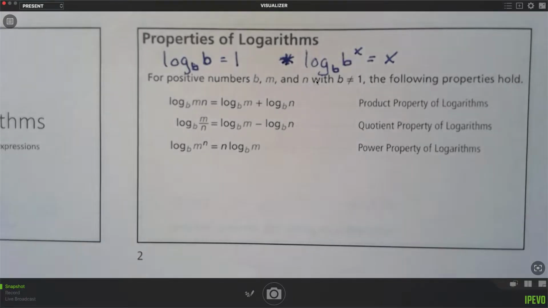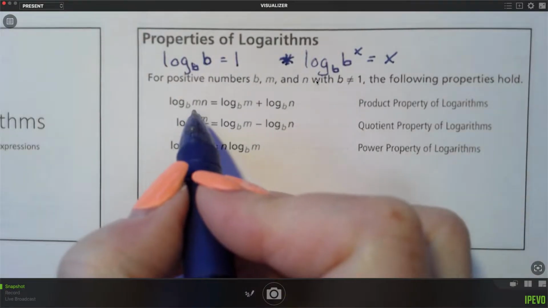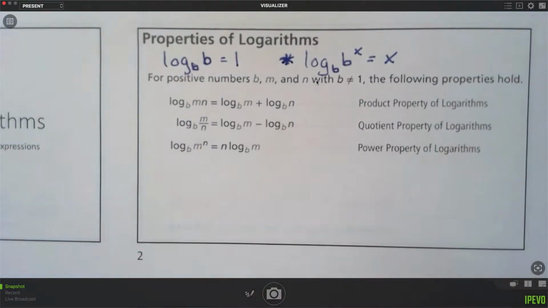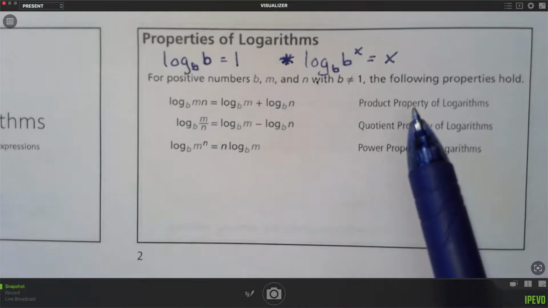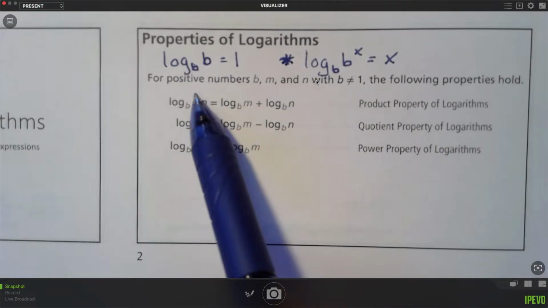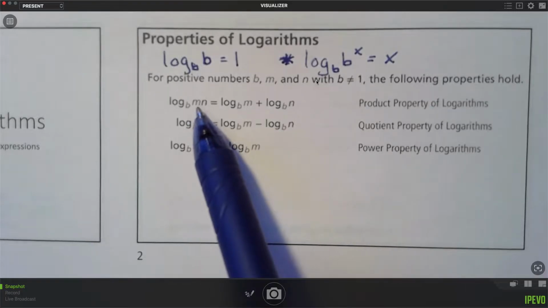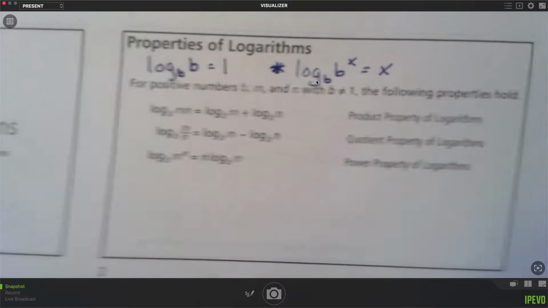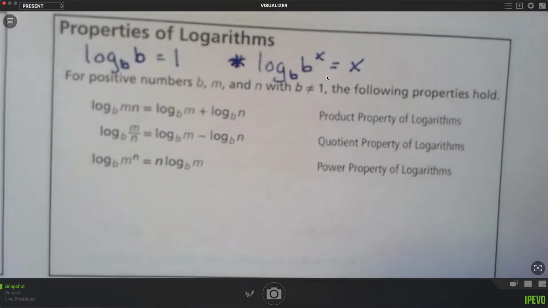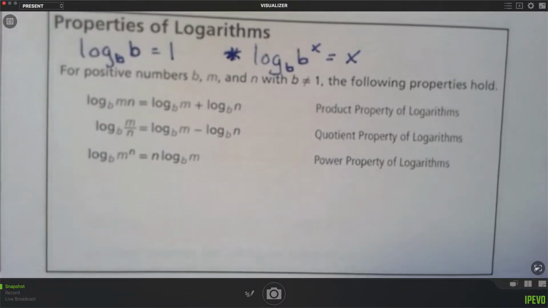So the next three properties you have, there are parentheses around these. The first one is called the product property because what are we doing with m and n? Multiplying. And so what do we do when we multiply exponents?